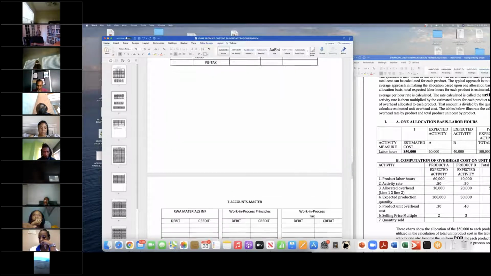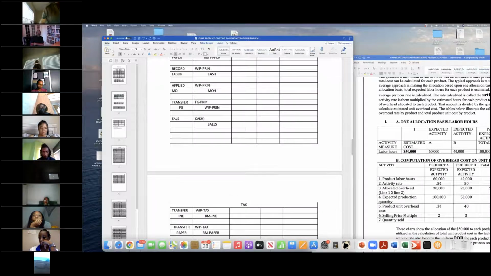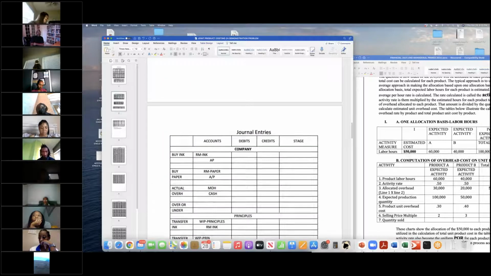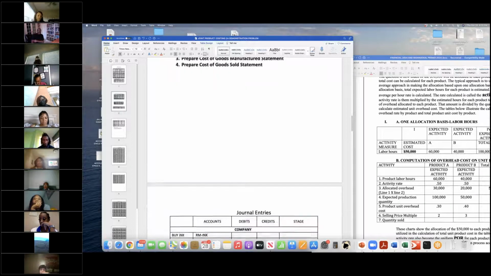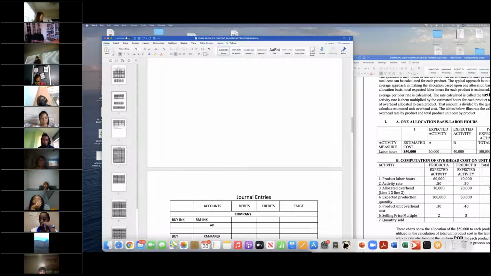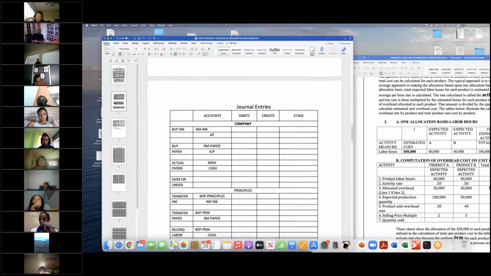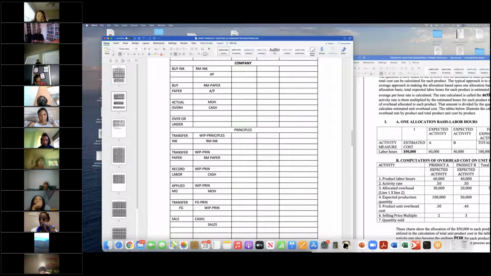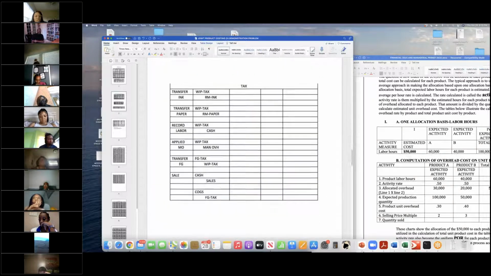We're going to post to T accounts as appropriate, and then come back and get our statements prepared. Notice once again, the journal entries are already made. You already have the accounts. All you have to do is put dollars in.